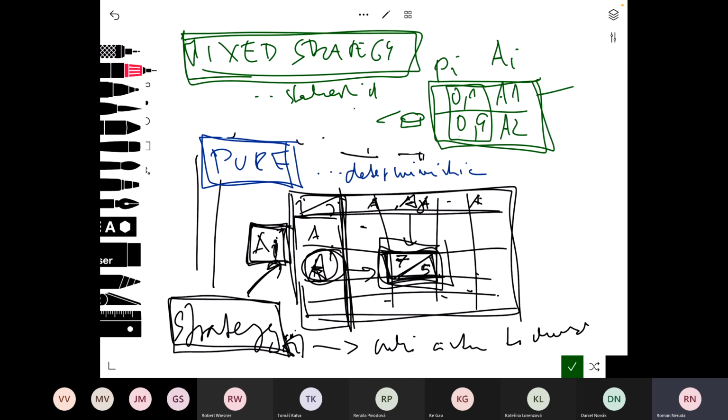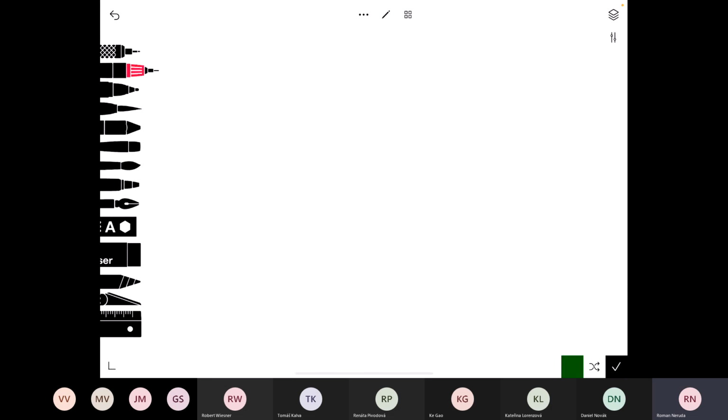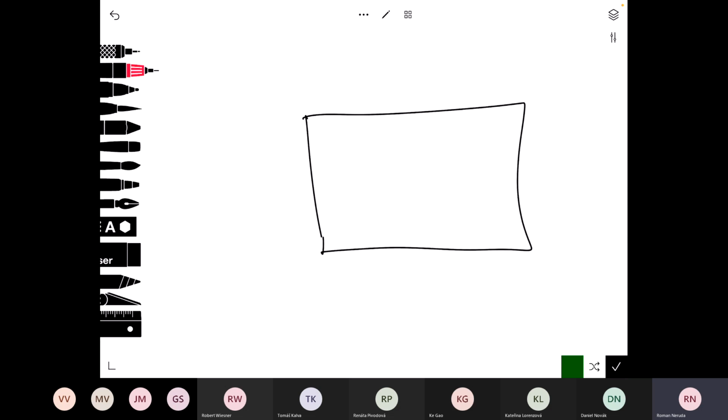And now, of course, for the agent, you consider what strategy to choose, right? So the idea is observing the payoff matrix. You're deciding which strategy to choose.